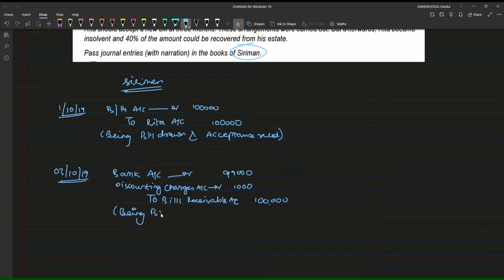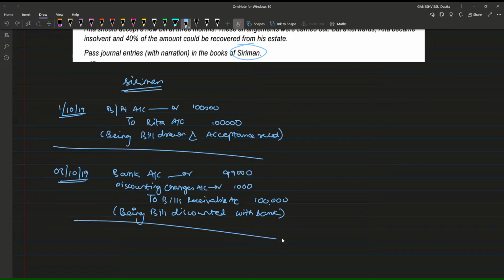Being bill discounted with bank. First entry has been completed. Second entry has also been completed.